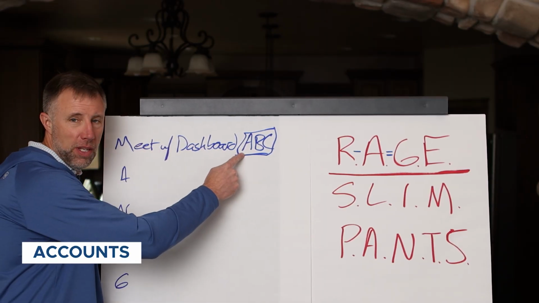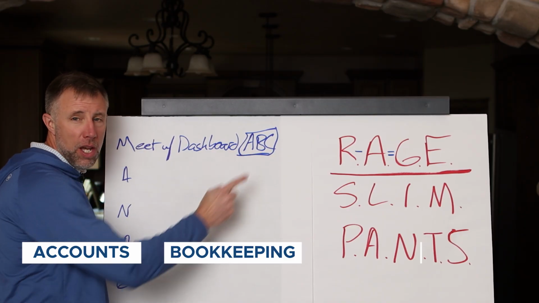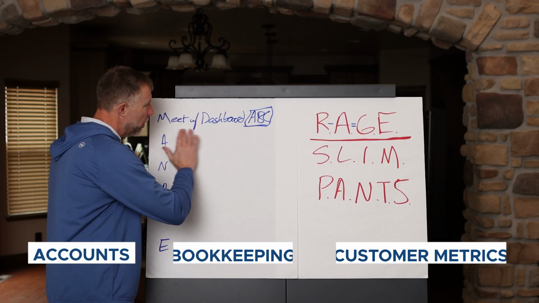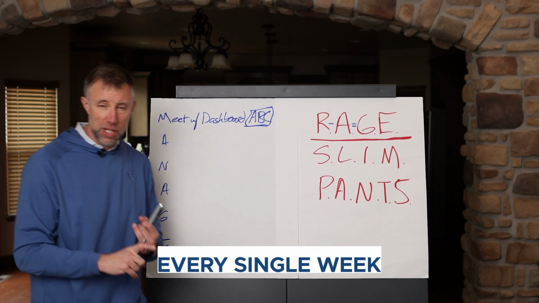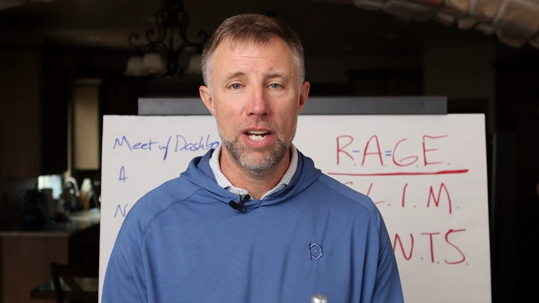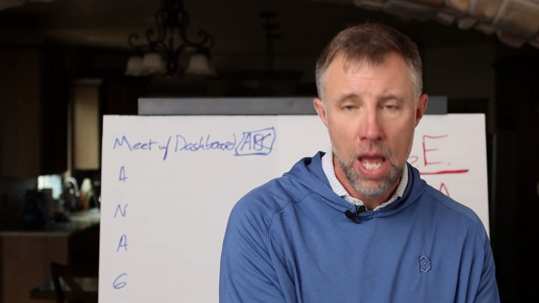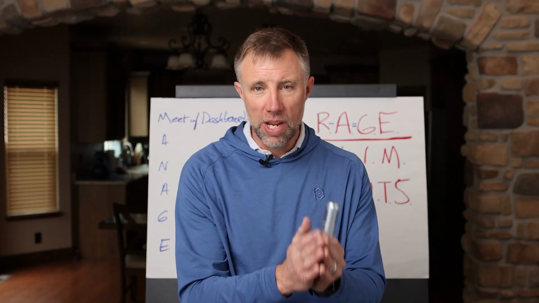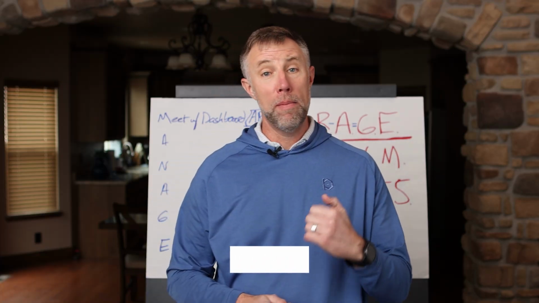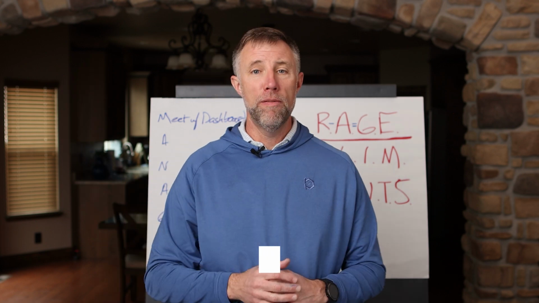So the ABCs of that dashboard are simple. It's your cash accounts, your bookkeeping, accounts receivable, accounts payable, and your customer metrics. When we look at this dashboard, we want to track every single week what our cash accounts say. You've got to be aware of your cash accounts. Your profit and loss statement and your balance sheet are insufficient for this. Look at your cash accounts and know those every single week. Then we need to know how much we're owed, receivables, and how much we owe, payables, every single week.